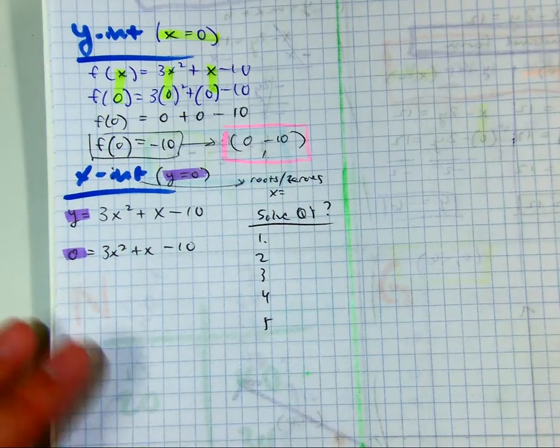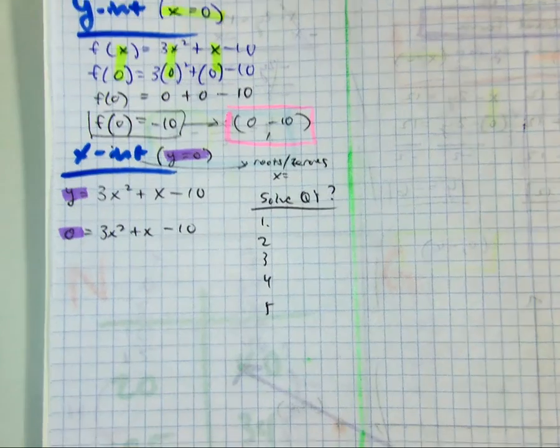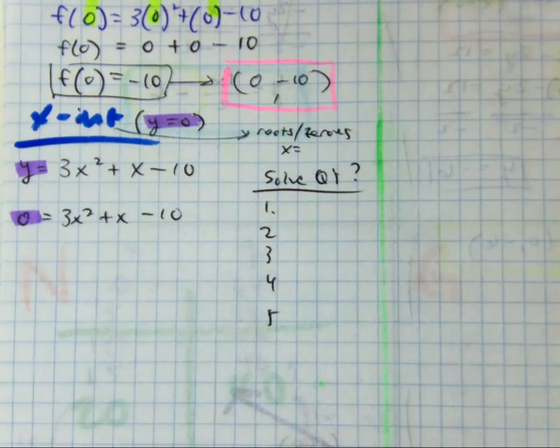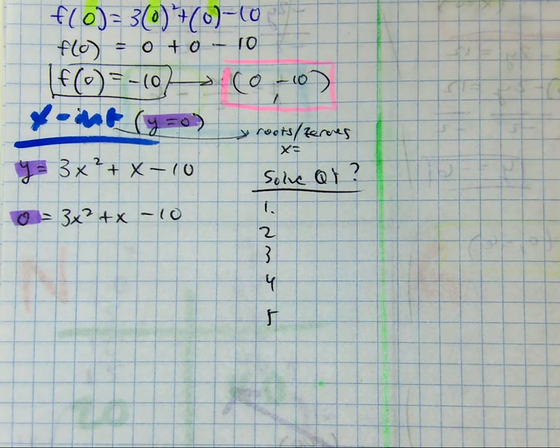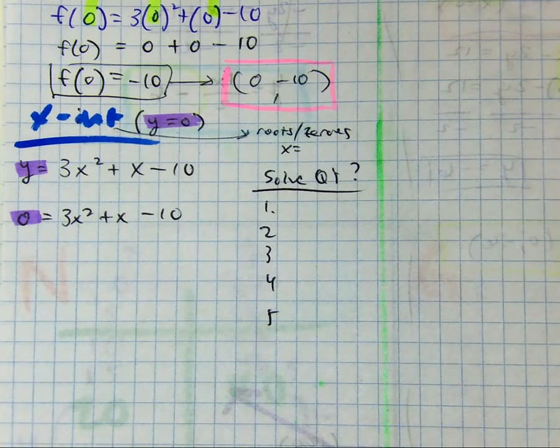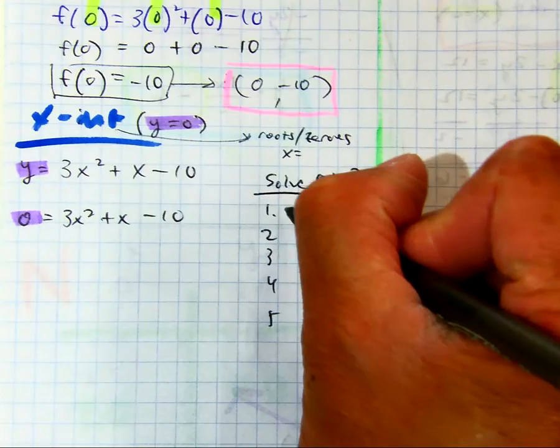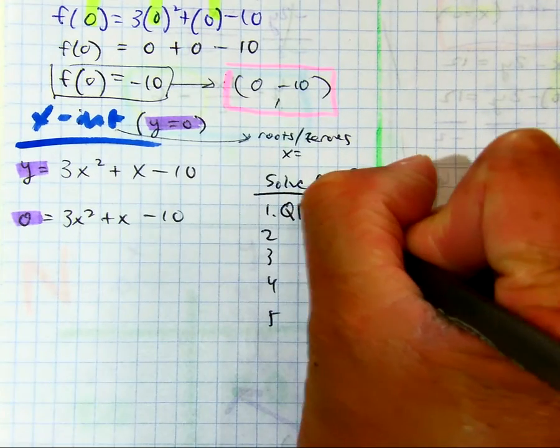Someone spit out one of the 5 ways. Box method? What is your box method? Someone else. Quadratic formula. Thank you. Someone give me another one.